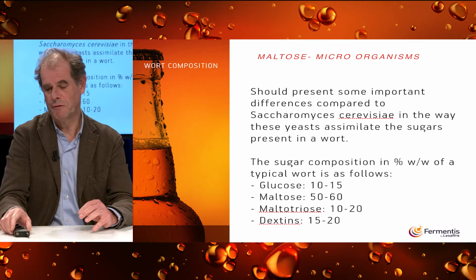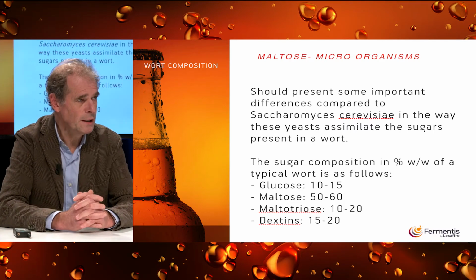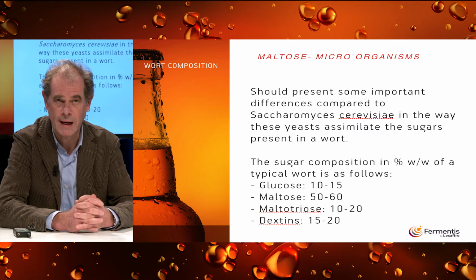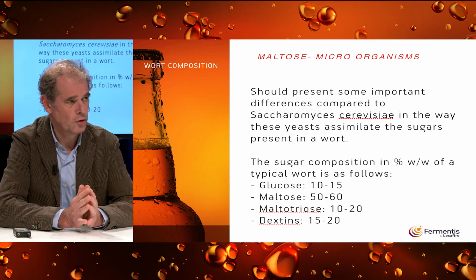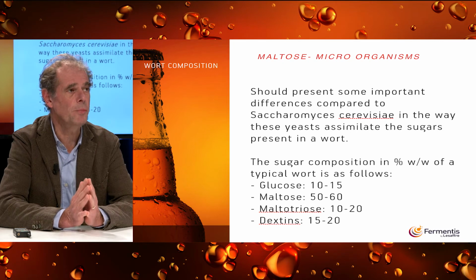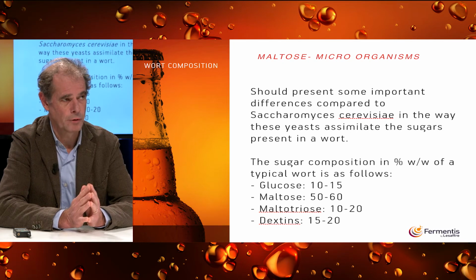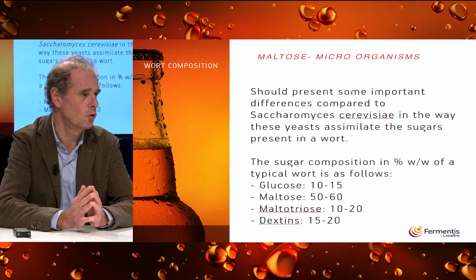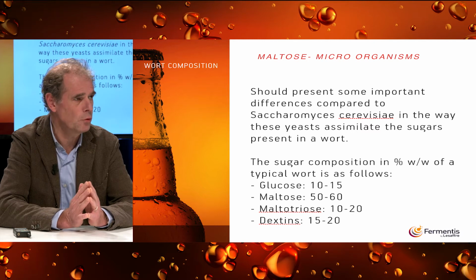But a big difference between, let's say, a regular Saccharomyces cerevisiae and the others is in the way they assimilate the sugar. Here I briefly put a standard composition of a typical wort from the brewing industry. In terms of weight percentage, glucose corresponds to about 10 to 15%.